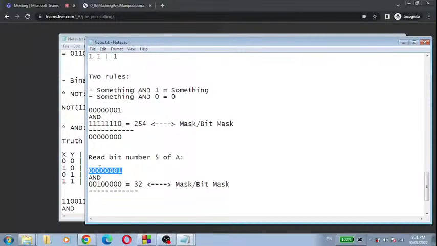I want to read the bit number 5 of it, which is 0 now. So I'm going to make this mask, and I'm going to make the AND operation here. I'm using this rule actually, where something is ANDed with 1, you are going to get the same thing. So here I'm going to get the same value for this bit.